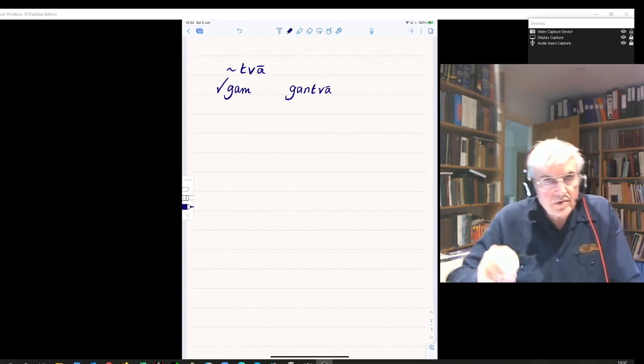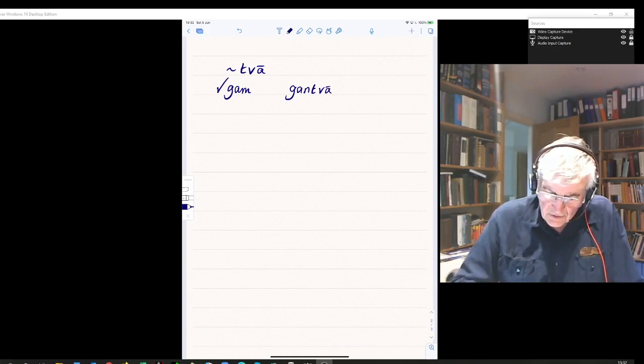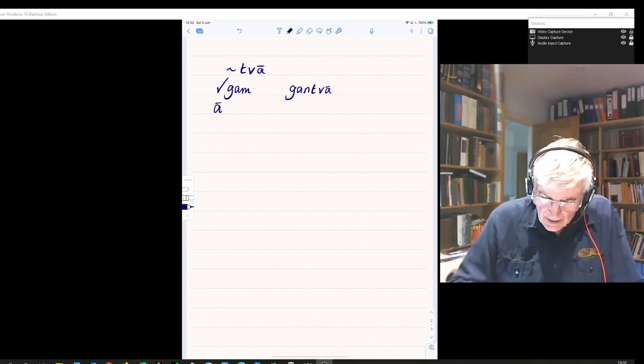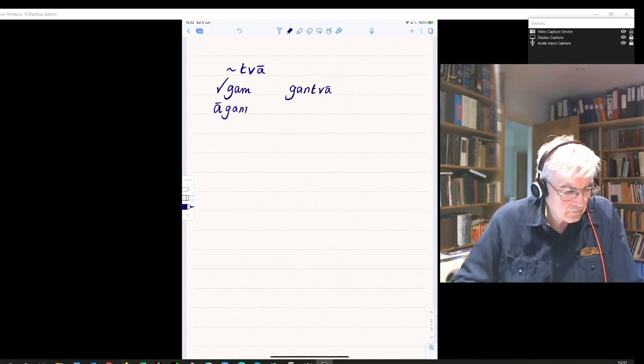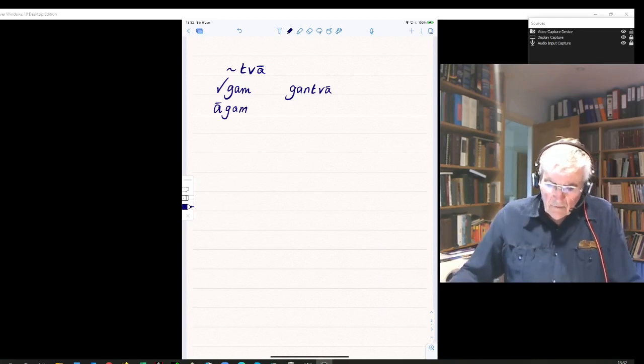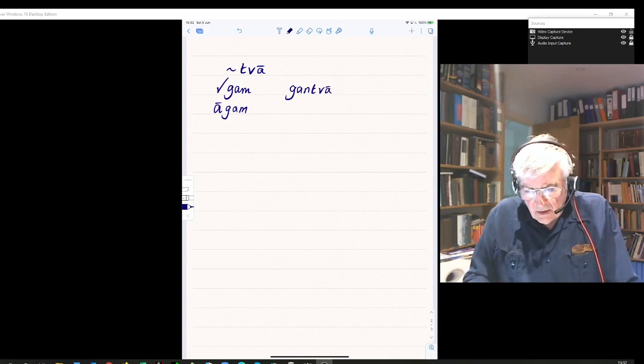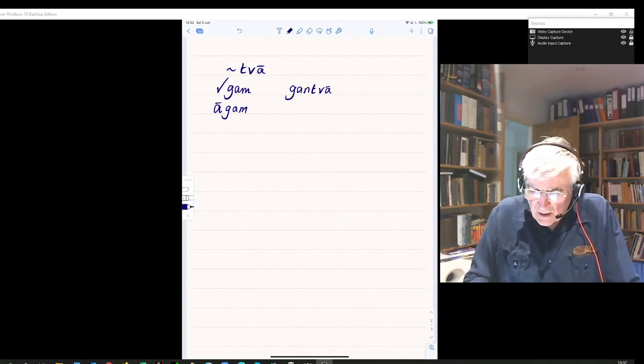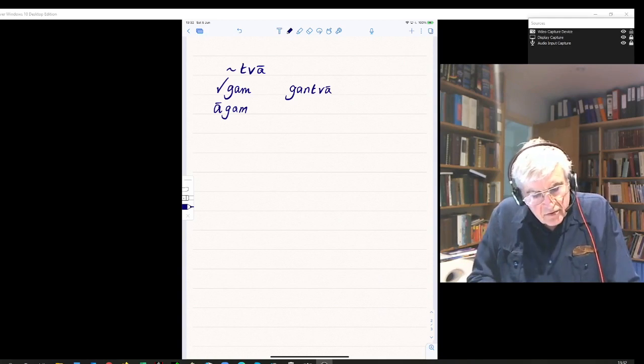Now, if we put a verbal prefix in front of that root, ā-gam, meaning to come, under the Sanskrit rules, you cannot add the ending tvā to a root if that root has a verbal prefix in front of it.